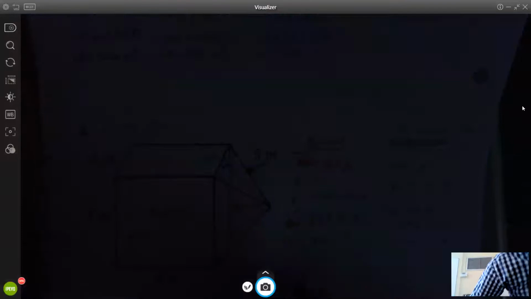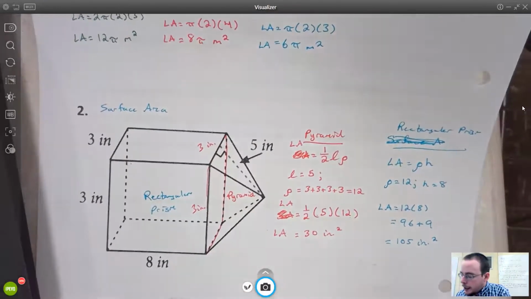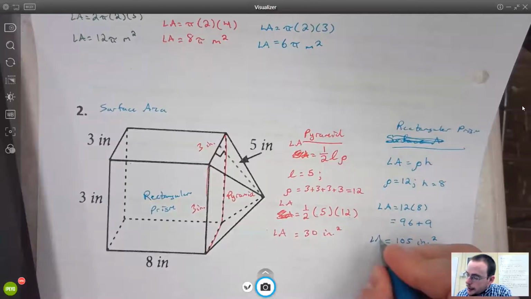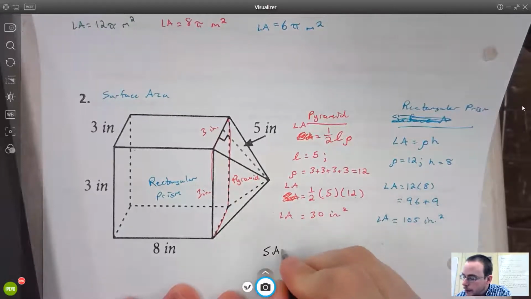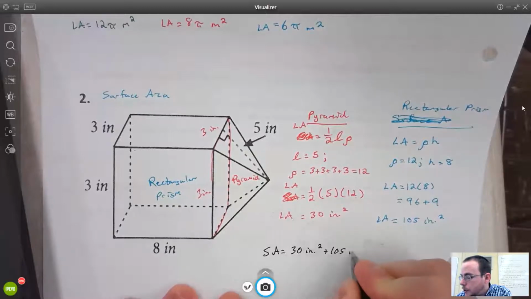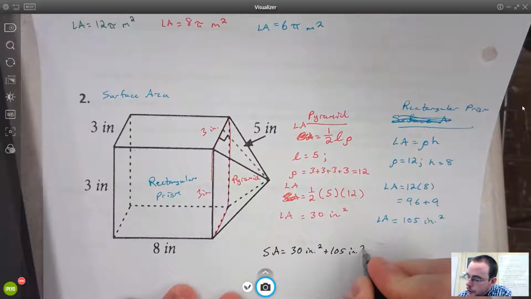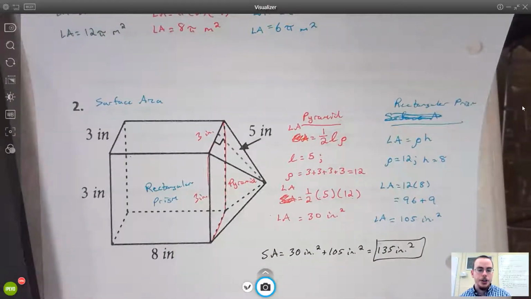Apologies for the lights. Gotta love automatic. We're not done yet. We have to take these two and add them together to get our surface area. So 30 inches squared plus 105 inches squared gives us 135 inches squared for the surface area of this shape.